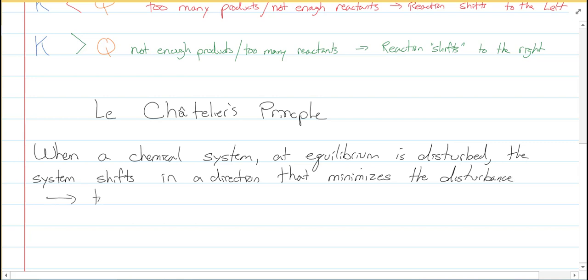The goal is to restore equilibrium. So that's Le Chatelier's principle: when a chemical system at equilibrium is disturbed, the system shifts in a direction that minimizes the disturbance.